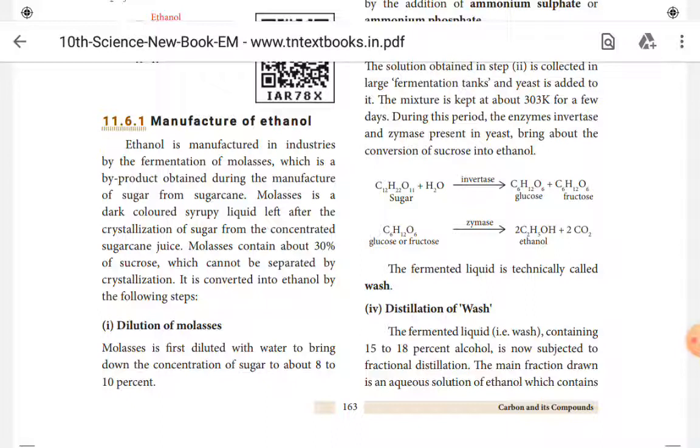So when we add more solvent, more water, the concentration is decreased, brought down to 8 to 10%. So dilution means addition of water to bring down the concentration of sugar molasses to 8 to 10%.